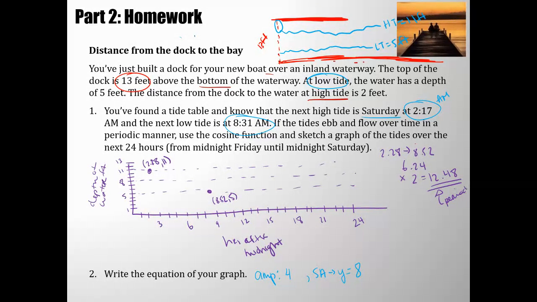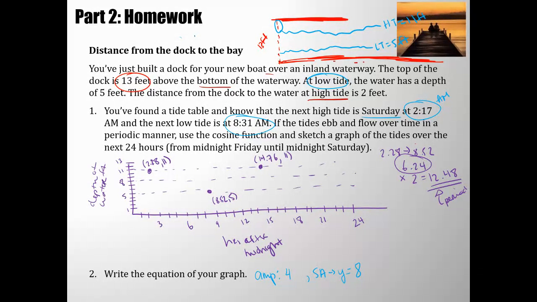Based off of this, I'm going to add 6.24 to 8.52 to get that other point, 14.76, right around here. I'm going to get back to high tide, which is 11.